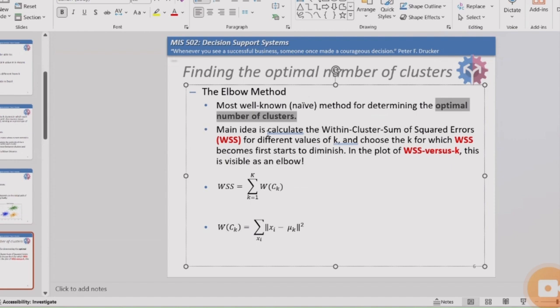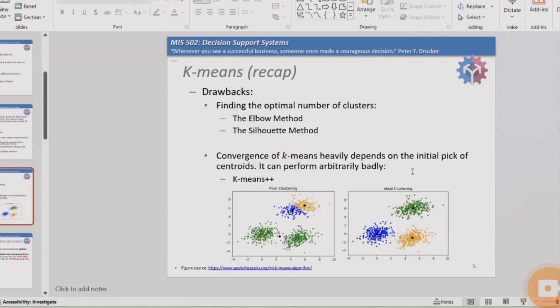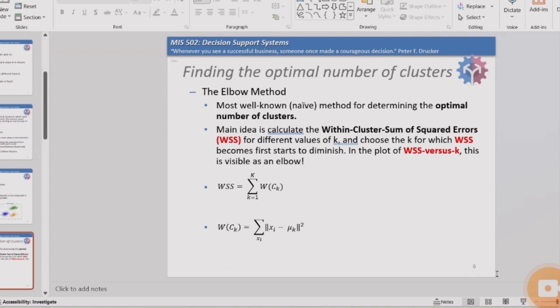So the main idea here is to calculate, within each cluster, the sum of squared errors. What does that mean? It means all the distances that you saw in each cluster. You remember we were finding distances with one center and the second center. Let me just draw it, which will be easier for you to follow.